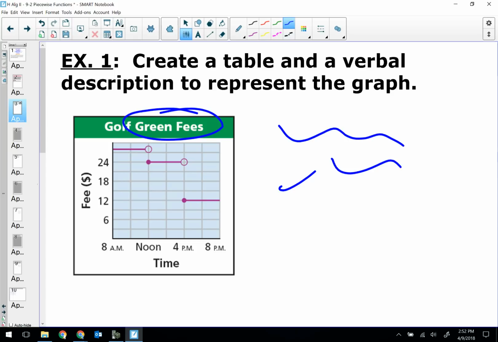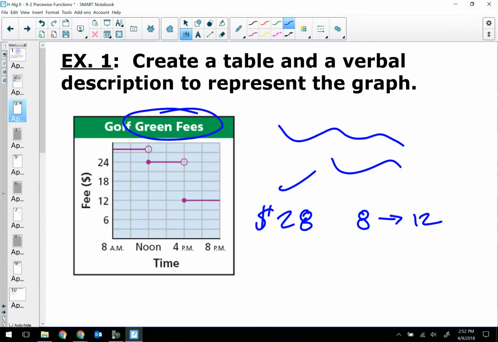So think about what's happening here. If I start golfing at 8 a.m., what's my price? Well, it looks like this is going up by threes each line, 21, 24, 27, 28. Maybe it's $28 if you start golfing from 8 to noon.